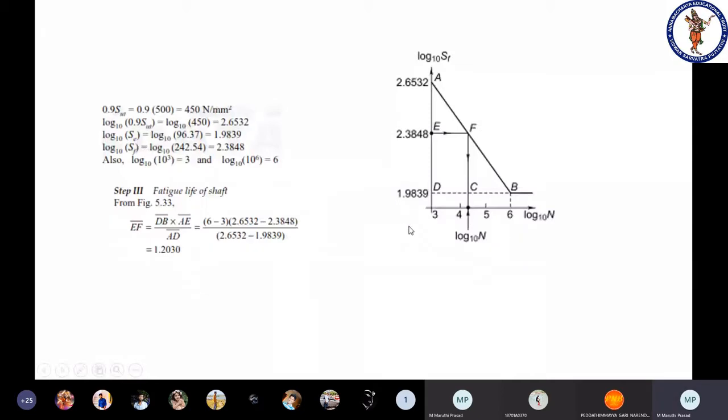So log 10 n equals 3 plus EF, which is nothing but 4.2030. From that, we are getting the number of cycles as 15,958.79 cycles.